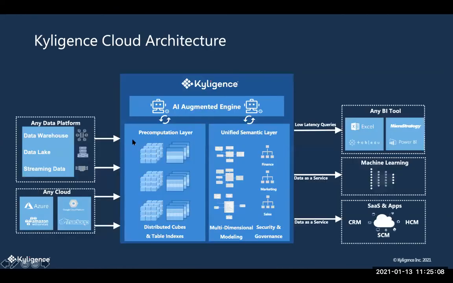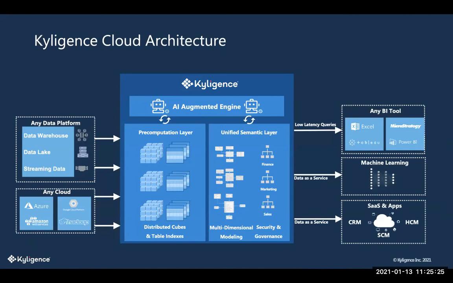So the full-blown architecture is that Kyligence supports any data platform, cloud data warehouses, data lakes, any cloud, including on-prem with Hadoop, but Azure, Amazon, soon Google.